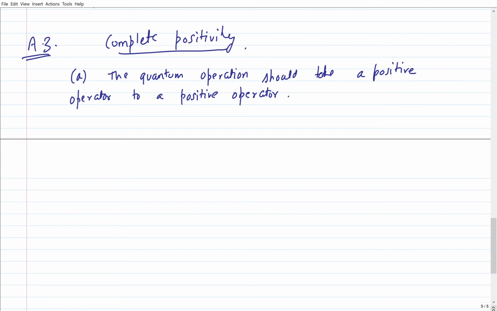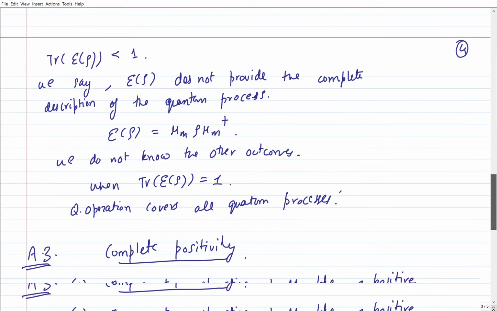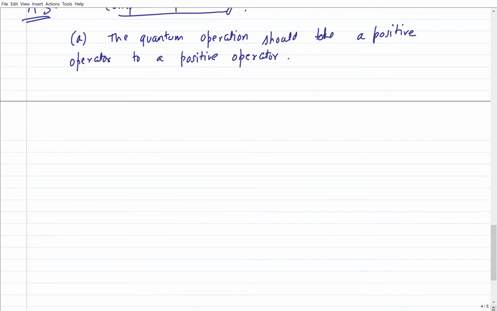So, I have the input system, let's say this is my input system, and I have my output system.